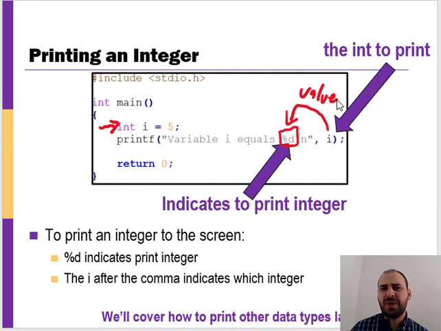It specifies how we want to print the data, how we want to print the value. We'll look deeper at it later on, but for now, I just want you to have seen just how we're going to be able to print an integer. This will print, say, variable I equals 5 with a new line character because we have that \n at the end. I just want you to see that so we have a bit of a foundation to build upon at a later point.